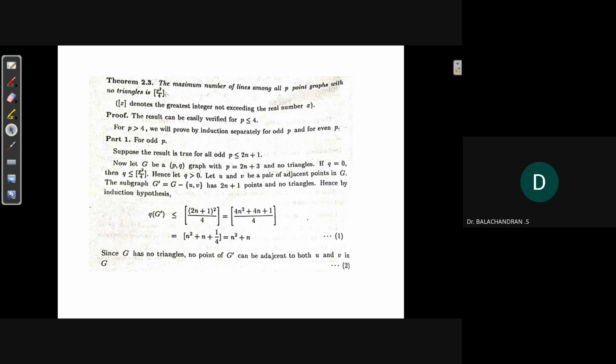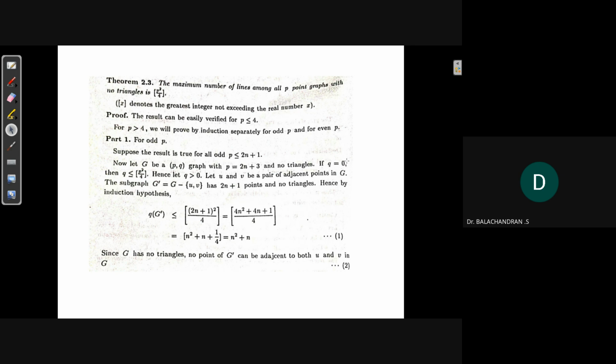Now suppose G is a P comma Q graph with P equal to 2n plus 3, because we assumed the result is true up to 2n plus 1. The next odd number is 2n plus 3. So G is a P comma Q graph with 2n plus 3 vertices and no triangle in this graph.